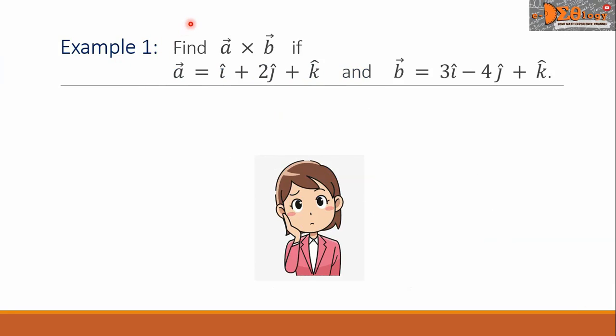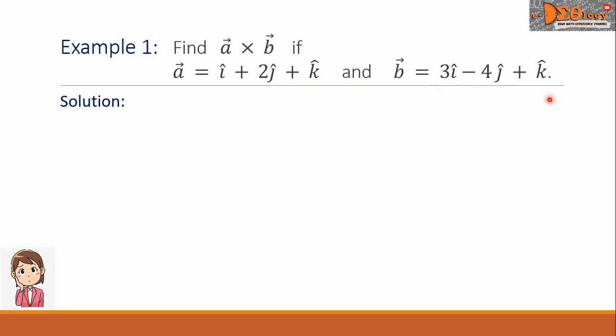Example 1. Find vector A times vector B if vector A equals i plus 2j plus k and vector B equals 3i minus 4j plus k. So we write vector A times vector B, and let us write also the 3 by 3 matrix. In the first row we write i, j, k. The second row is for the coefficients of vector A: 1, 2, 1 respectively.